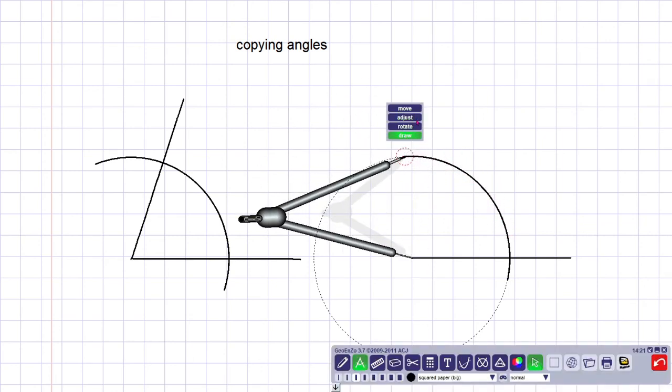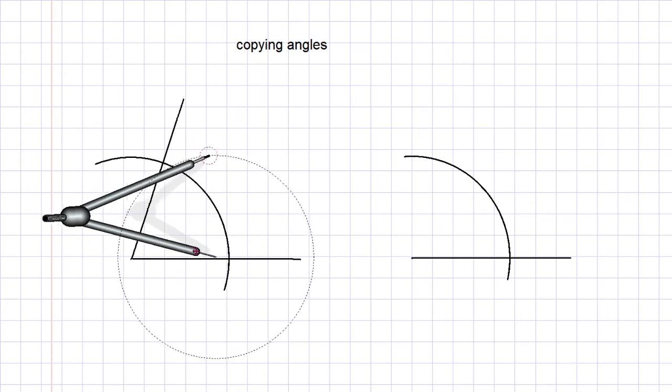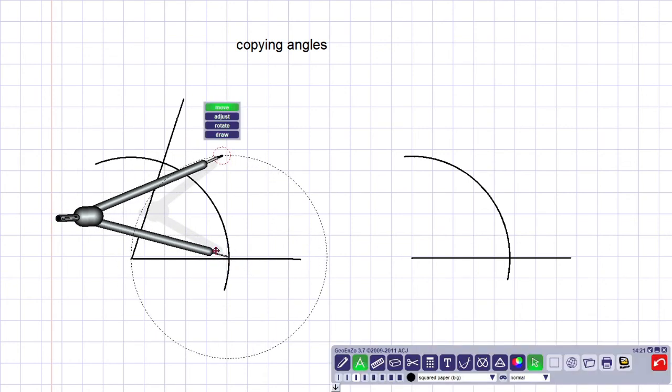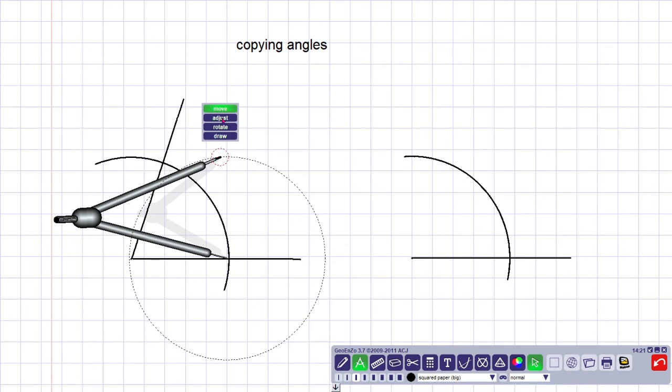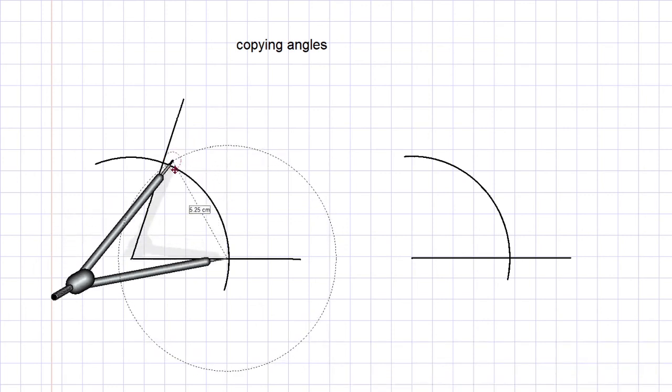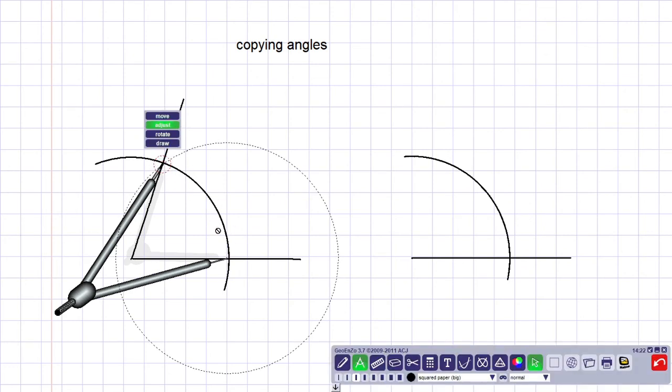Now what we have to do is, you have to get the magnitude of this angle using the compass. Place the tip of the compass here. Now adjust the compass and get the correct magnitude to the compass. Now you can get this arc length, the arc length from here to here, can be obtained to the compass.